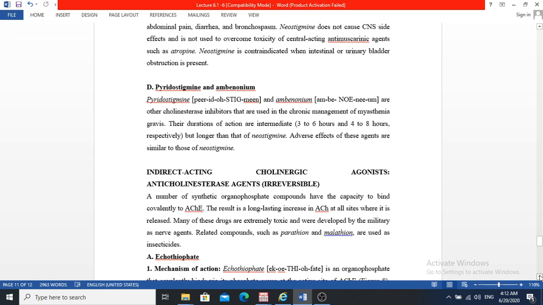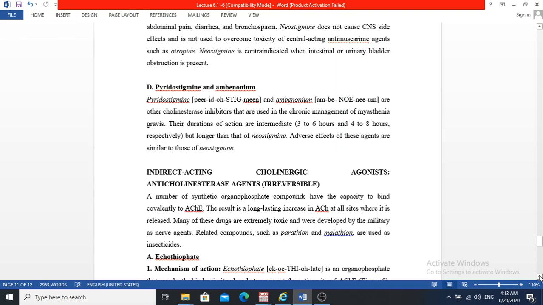Their duration of action is 3 to 6 hours and 4 to 8 hours respectively, longer than neostigmine, as we mentioned. Adverse effects of these agents are similar to those of neostigmine.